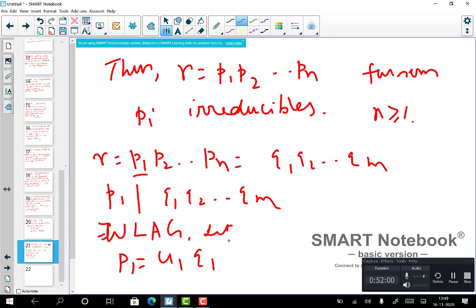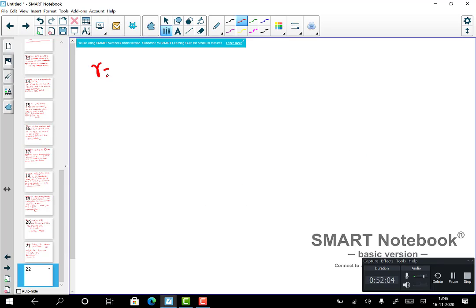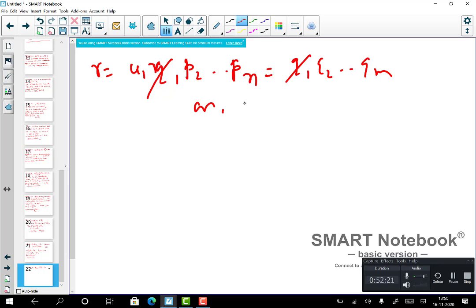You can have the cancellation property. So thus you can write down that u1 q1 p2 p3 up to pn equals q1 q2 up to qm, right? And then you can cancel this as we are in an integral domain, a PID is an integral domain also.